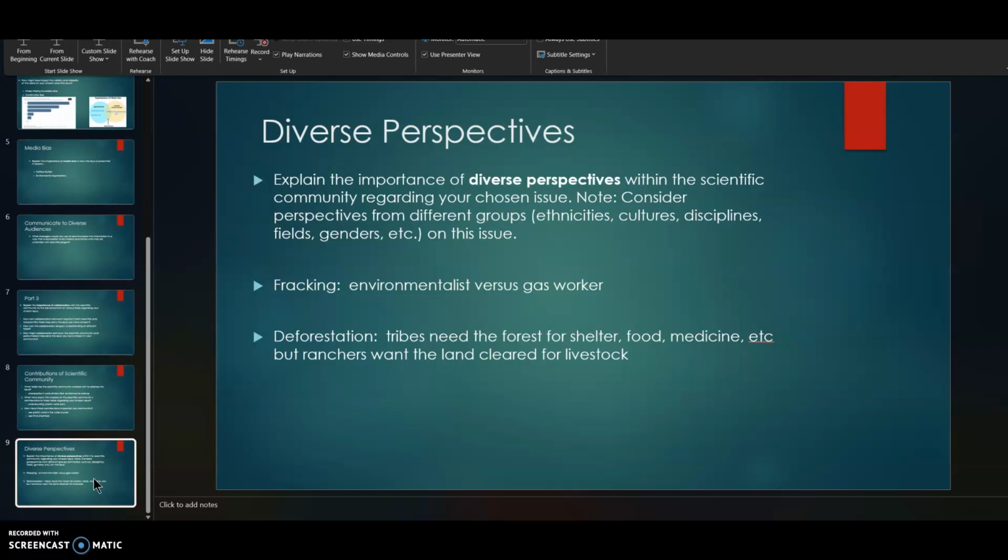You're going to explain the importance of diverse perspectives within the scientific community regarding your chosen issue. You want to consider perspectives of different groups. For instance, for fracking, there's a very different perspective from an environmentalist versus a gas worker. The gas worker, that's their livelihood. That's how they're feeding their families.